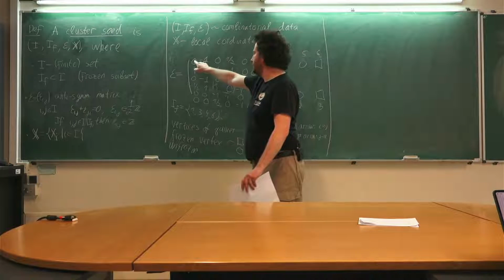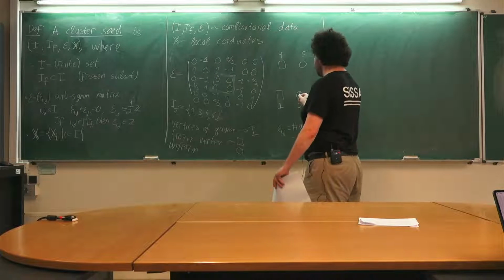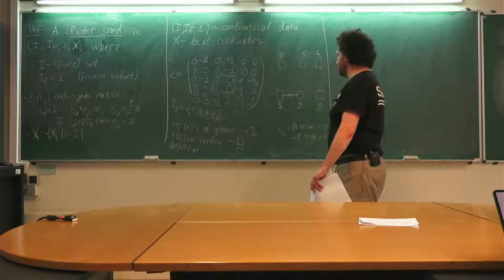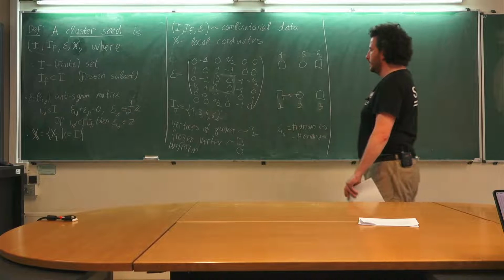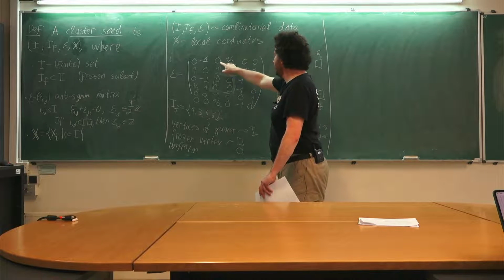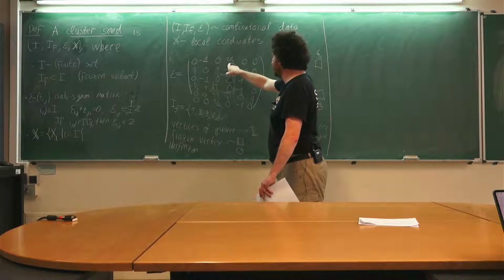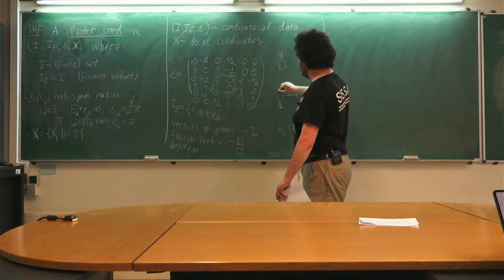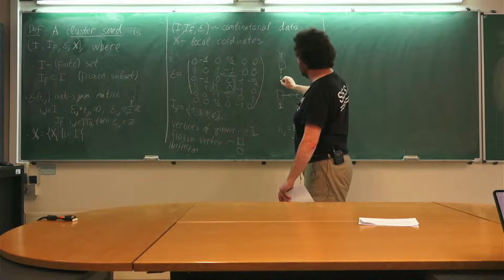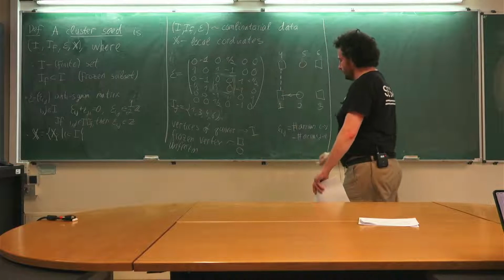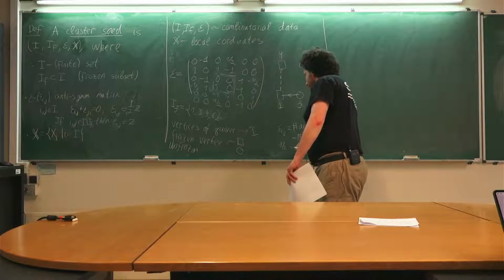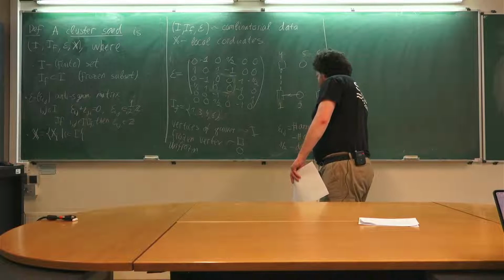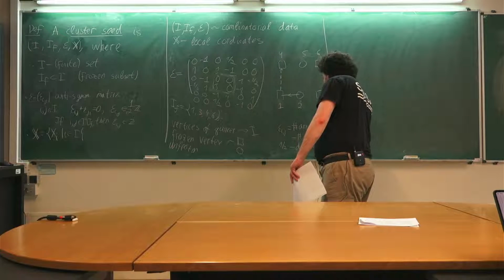So epsilon_12 is minus 1. It means that we have an arrow from 2 to 1. Epsilon_14 is 1/2. It means that we have an arrow from 1 to 4, but this is a half arrow, so I draw it dashed. So 1/2 corresponds to a dashed arrow.